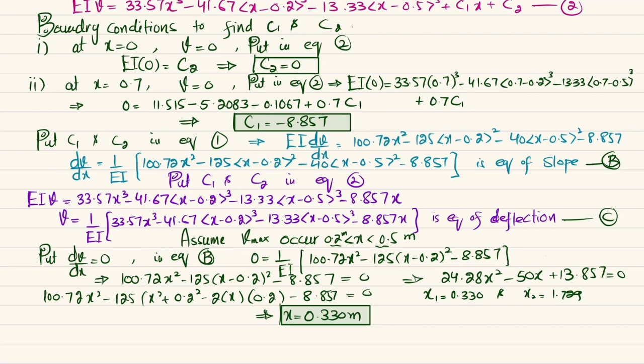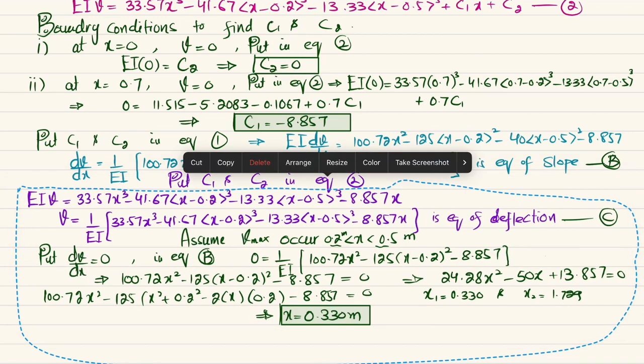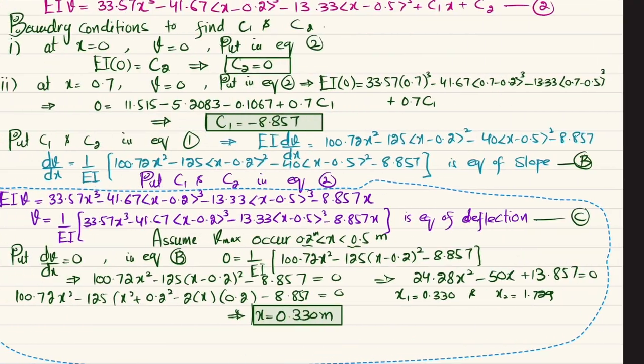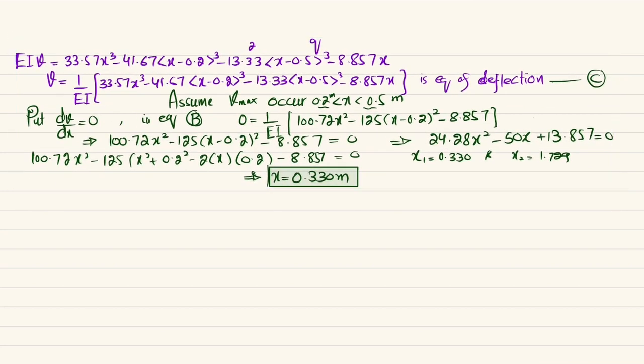Now what we will do is let me copy these things and move towards the second page and paste it over here. So put x equal to 0.330 meter in equation number C, which is for deflection.